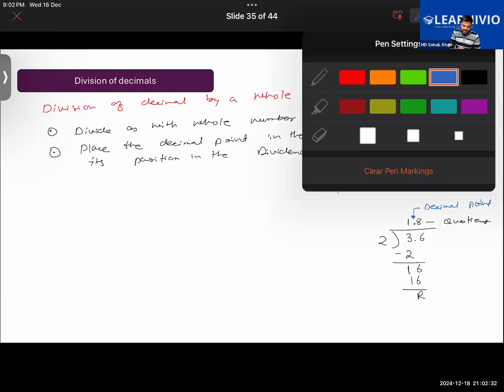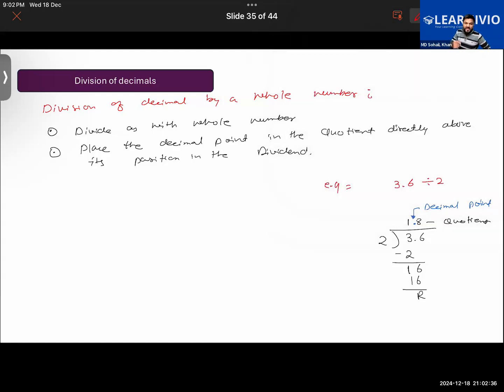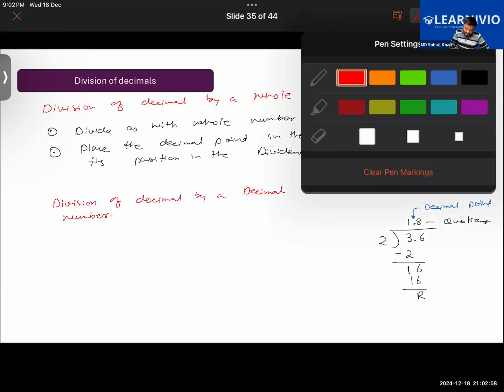But as of now, write down the next thing, that is division of decimal by a decimal number. You can write down the example, by the way. Division of decimal by a decimal. After these two points, can I write the example? Yeah, sure. Write down that example.